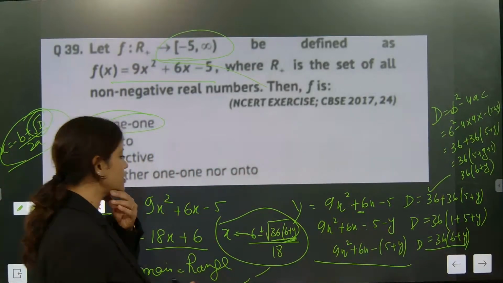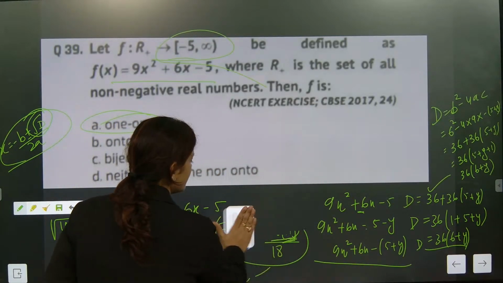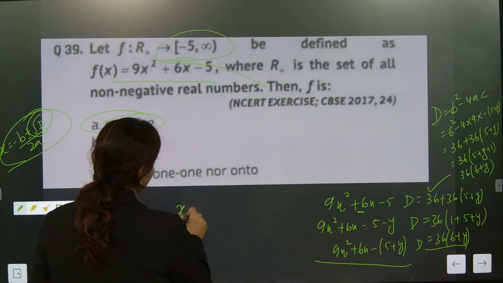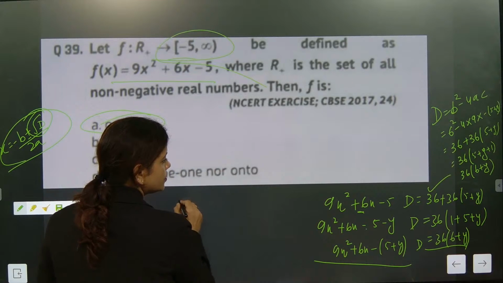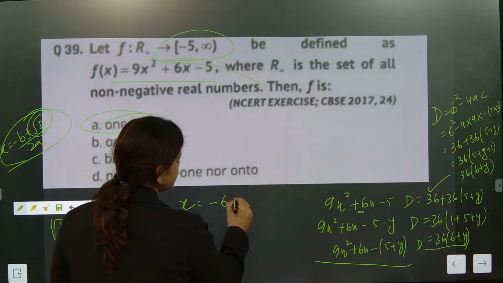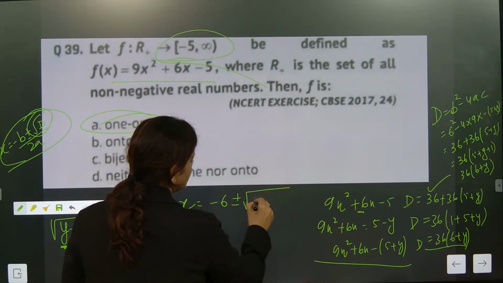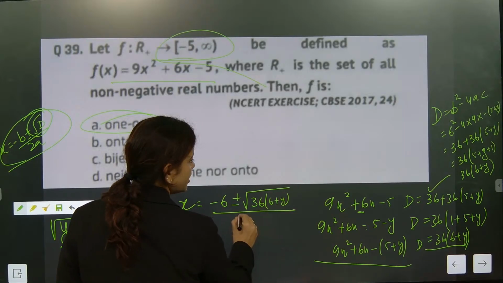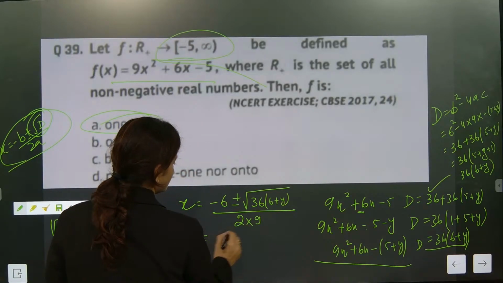36, 6 plus y. Now x here will become what? X value. Wait, I'll check that. X will be equal to minus 6 plus minus root under 36, 6 plus y by 2 into 9.